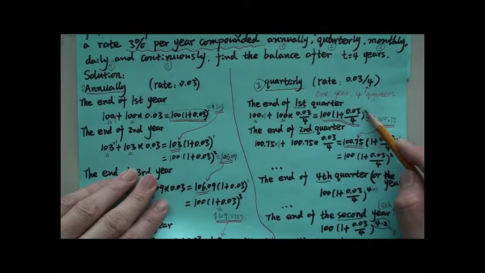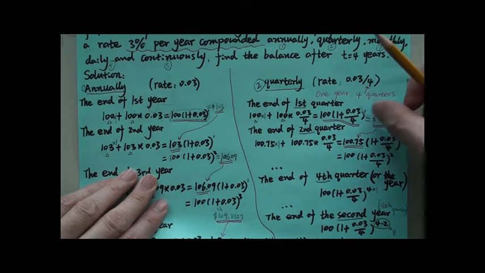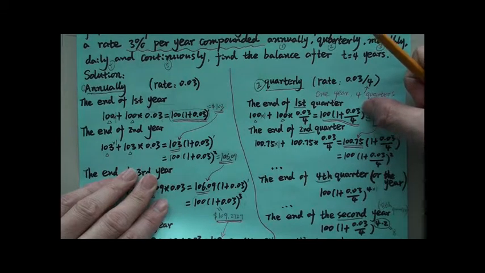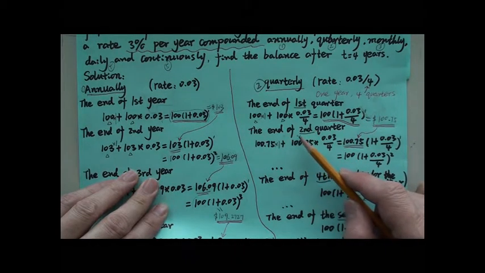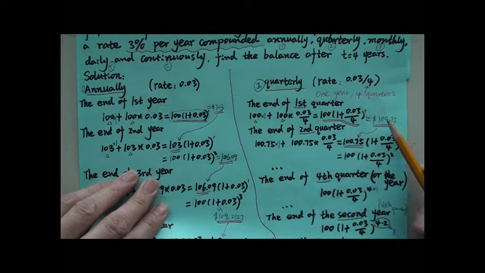You may write 1 here, you may not, because that's the original expression. Now at the end of the first quarter, you have $100.75.